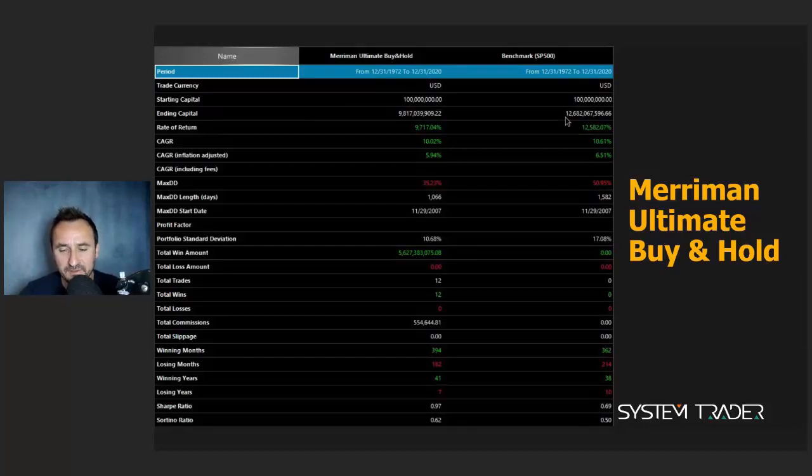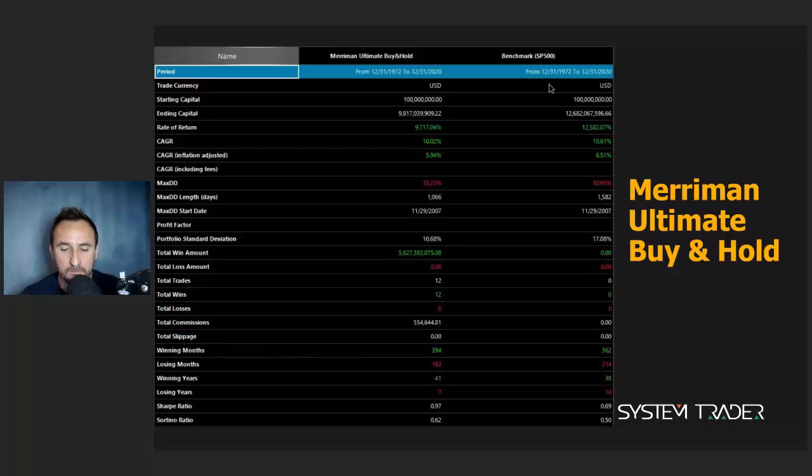But this is not a fair comparison, because this is purely 100% stocks, whereas here we have 60% stocks and 40% bonds. Therefore, there's no magic that indeed only holding 100% S&P 500 in portfolio would give us a better return. But look at this.